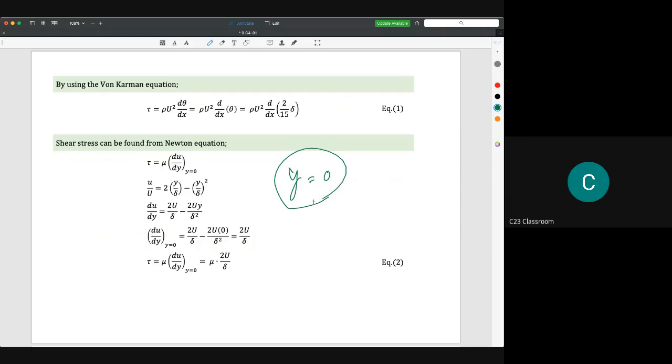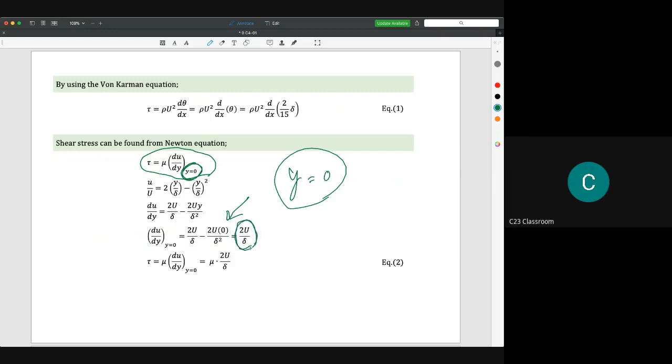That's why it is good for you to write this equation with its condition of y equal to 0 here. Then we substitute y equal to 0 here.